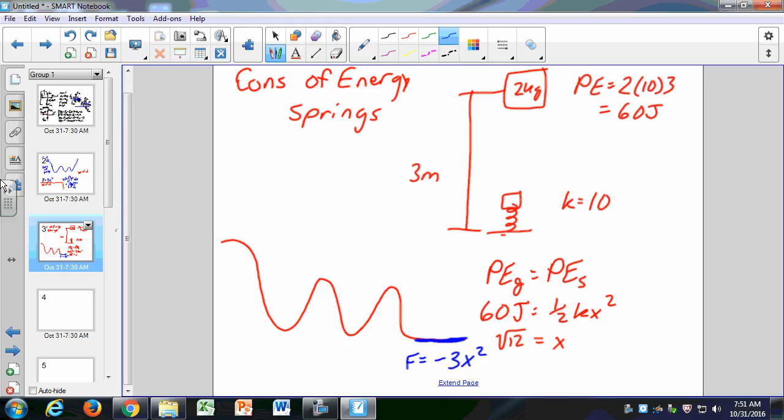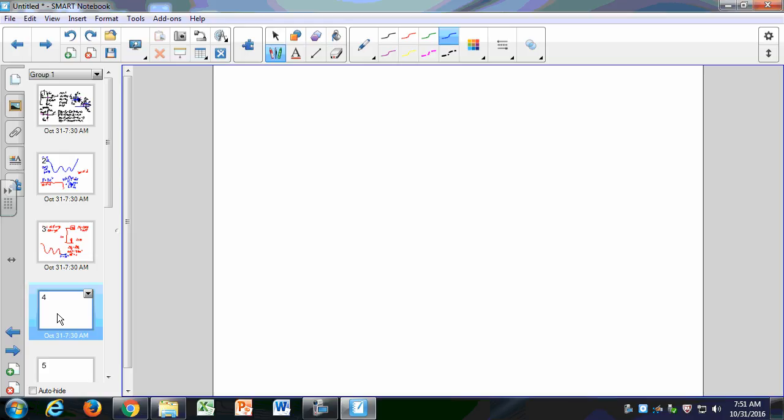In Chapter 6, we have collisions, and we have impulse problems. Impulse is delta F is delta P over delta T. An object runs into a barrier or whatever, it changes its velocity, and you can figure out what is the force that caused that change in velocity. Okay?